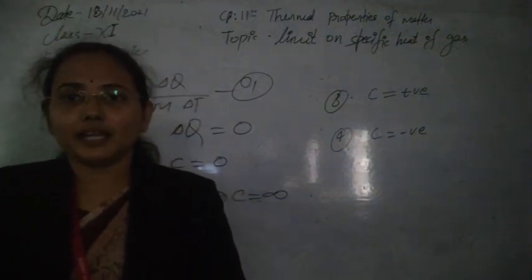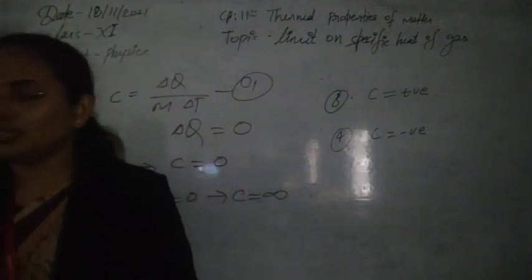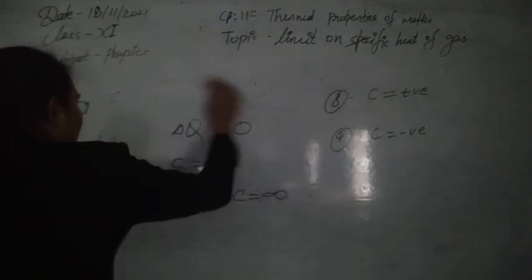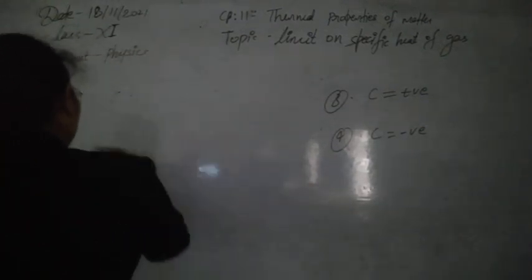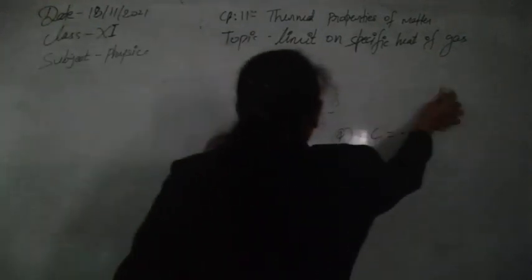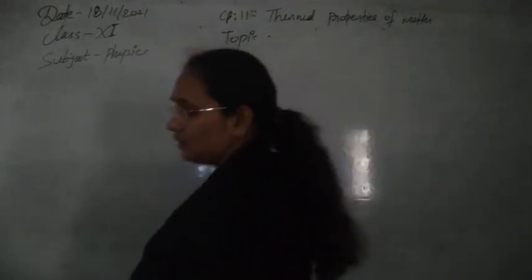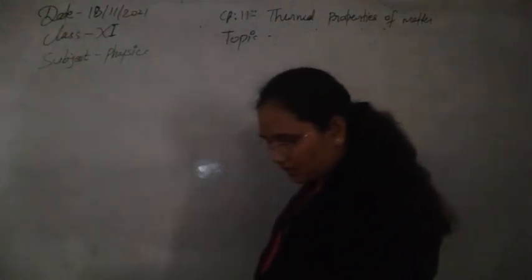I think this limitation is now clear: in all these conditions the specific heat shows different behavior. Now let's see the next one, the two principal specific heats of the gas.